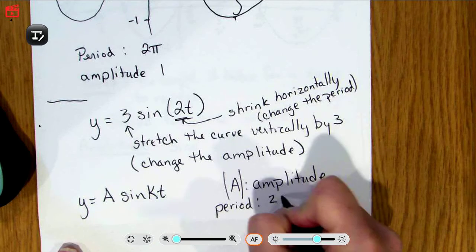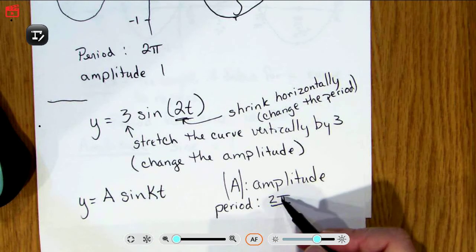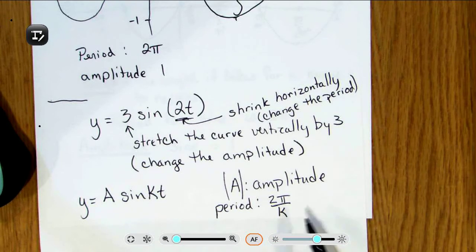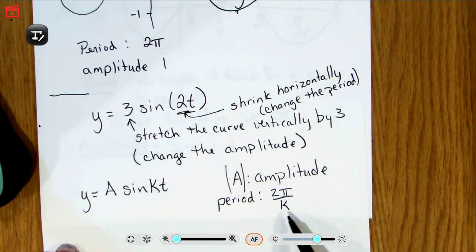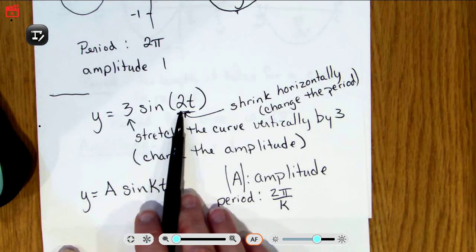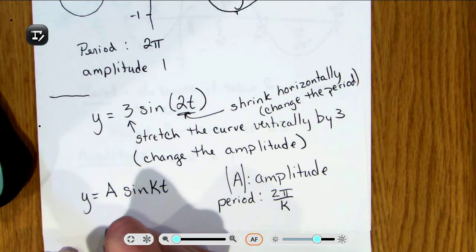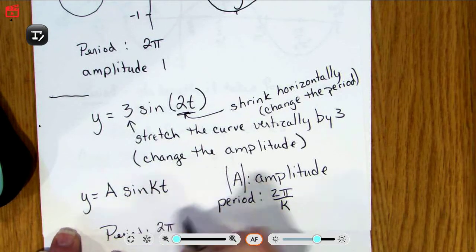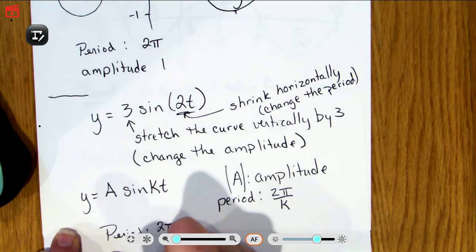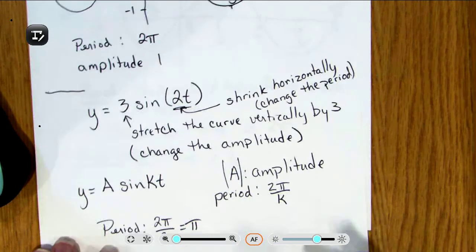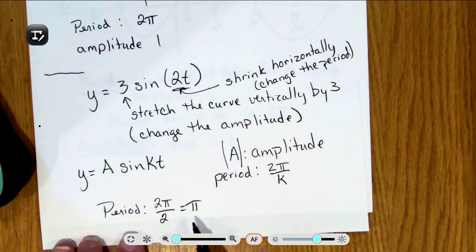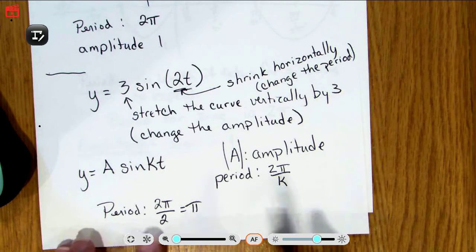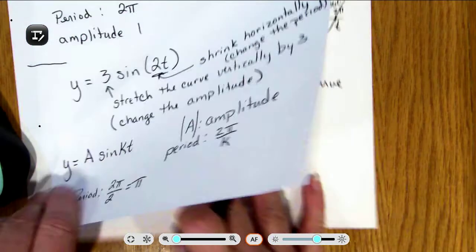We take the normal period of our sine curve, which is 2 pi, and go backwards. Instead of multiplying, we divide by k. So in our problem up here, our period will become 2 pi divided by 2, which is pi. This means we are going to go through one complete cycle in pi units. It's just going to move everything in.